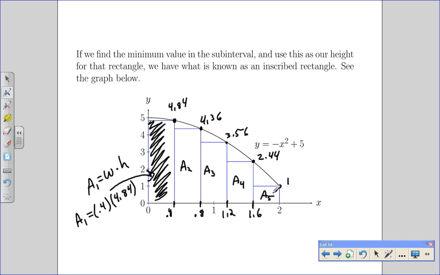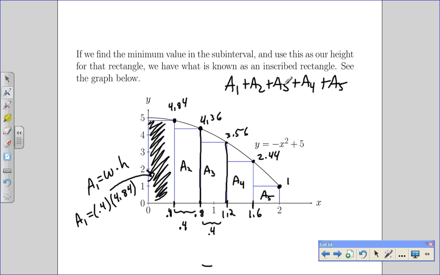All of those areas are calculated the same way. The width, which is always going to be 0.4, and the height, which is going to be the function value right there. And then I can add them all up. I take area 1 plus area 2 plus area 3 plus area 4 plus area 5.